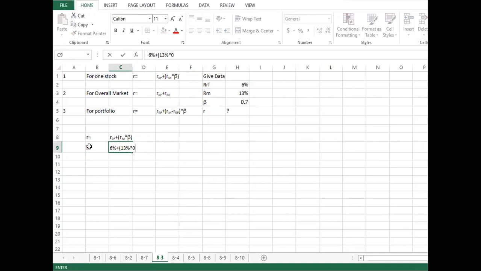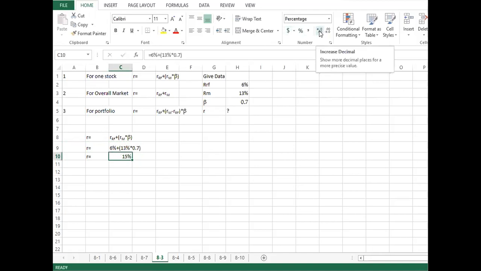So beta is 0.7. So the return would be 15.1%. Okay, so this is the answer to A-3.